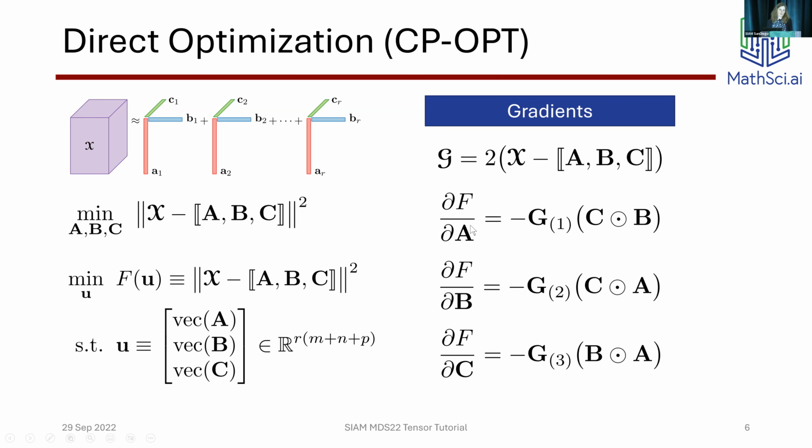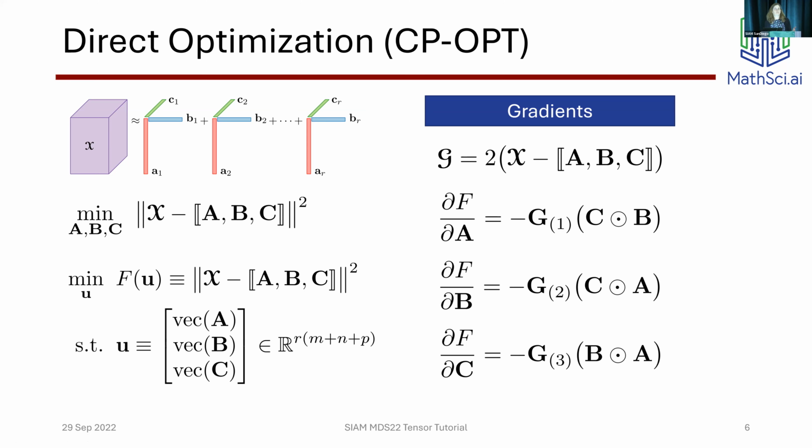But we can get a derivative with respect to A, that is the unfolding of this derivative tensor in mode 1 times this magical thing called a Khatri-Rao product, which I'm not even going to define for you today, but it just involves the matrices C and B. We can do similarly for the derivative with respect to B and C, and we just have different unfoldings of this gradient tensor G, and then the chain rule gives us those other couple of matrices that we have to multiply in.